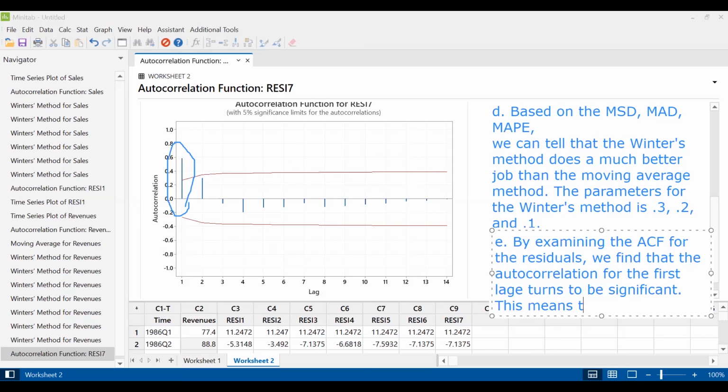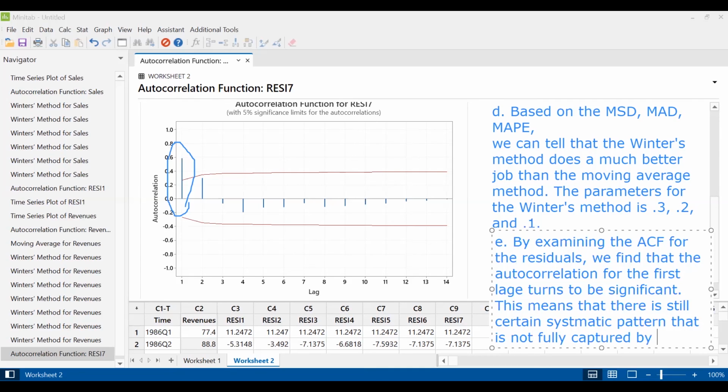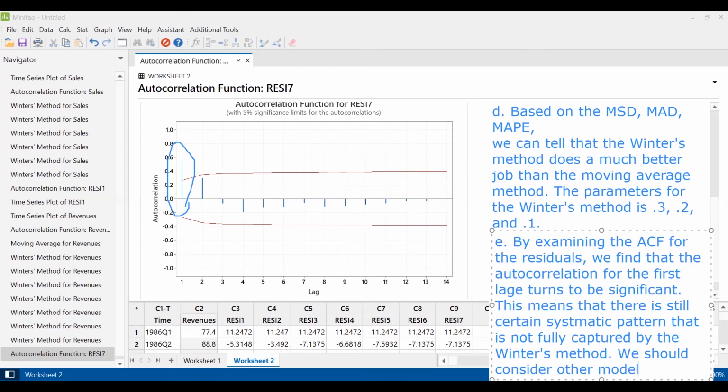This means that there's still certain systematic pattern that is not fully captured by the Winters method. We should consider other models. All right, so that's all I have for this exercise. Let me know if you have any questions.